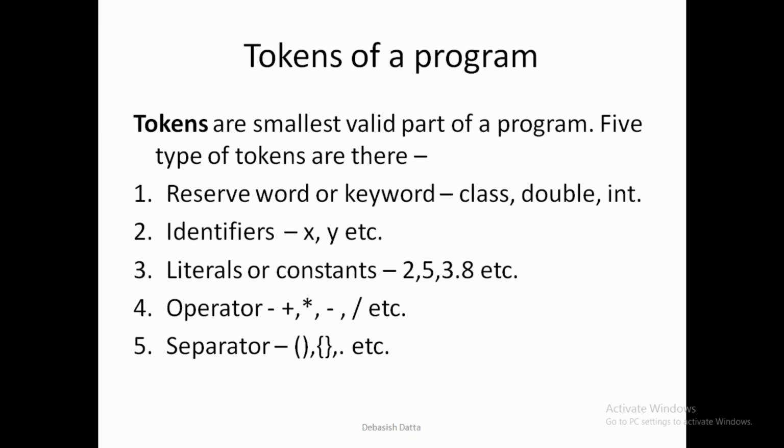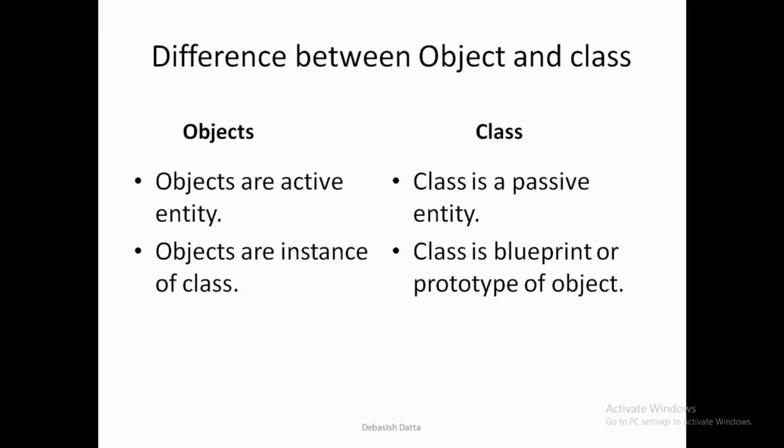Separators are those things which separate or form a block inside a Java program. As you can see, the brackets and these curly brackets are known as separators. All these things we have already used or seen in the previous example.